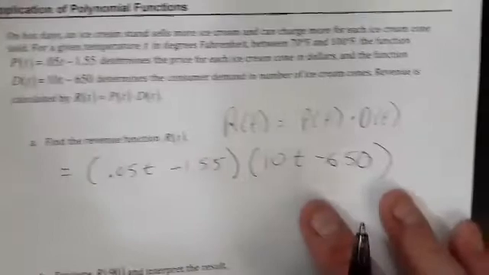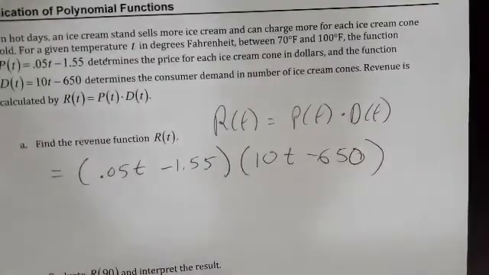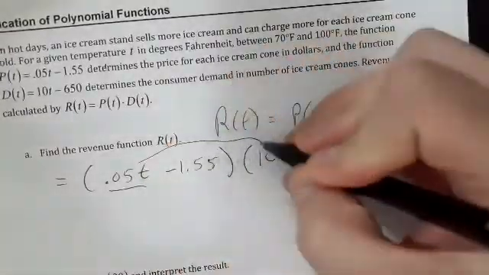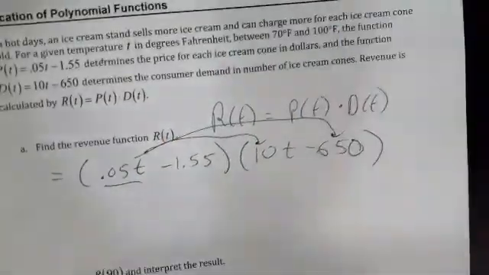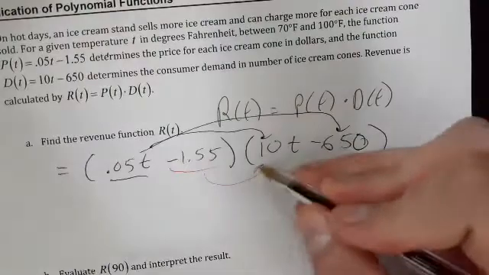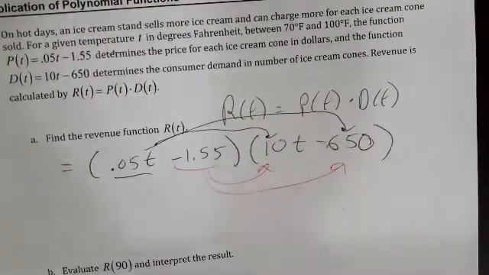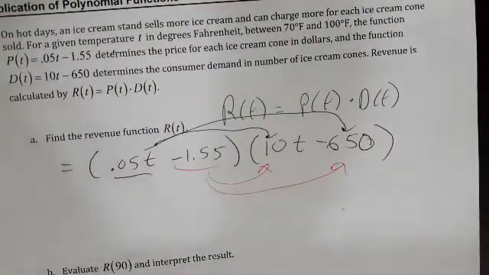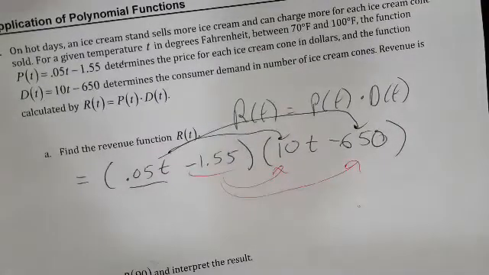But here we go. We want to do the same steps. First, multiply everything through. Second one, multiply everything through. Yeesh. So definitely, probably grabbing a calculator at this point to get these numbers a little quicker. But 0.05 times 10T, so 0.05 times 10 will give you a 0.5.